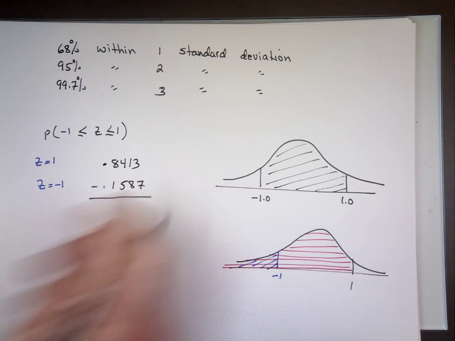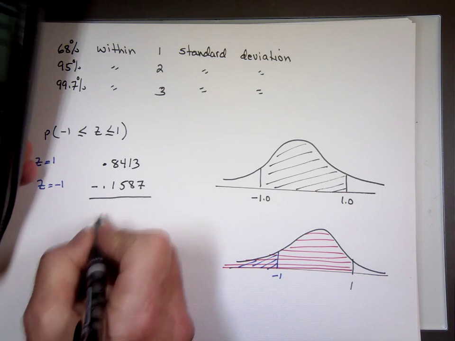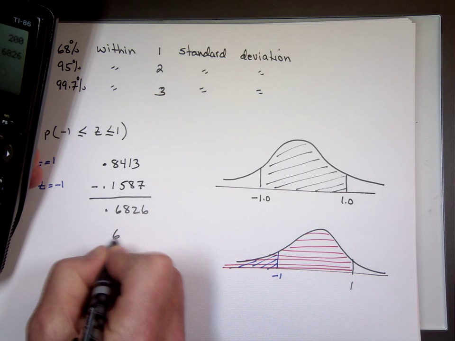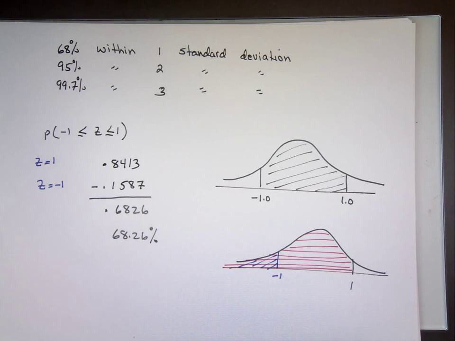You could also do 1 minus 0.1587 times 2, because it's symmetric. 0.8413 minus 0.1587. And that's 0.6826, which means what? 68.26% of the people land within 1 standard deviation.